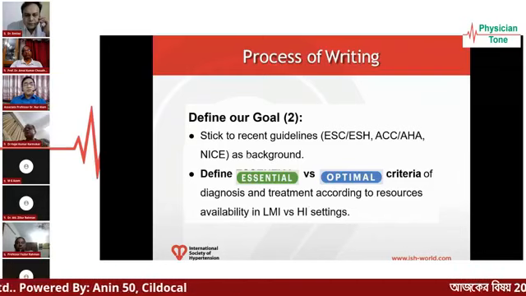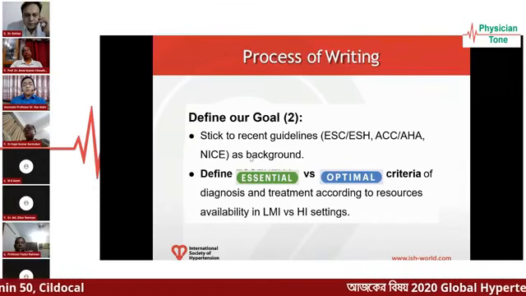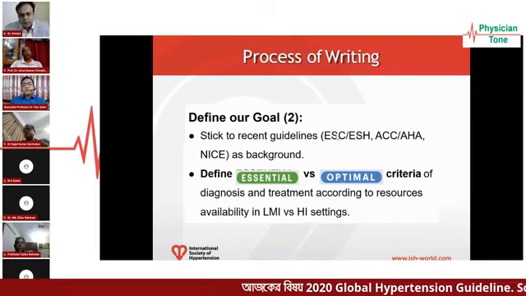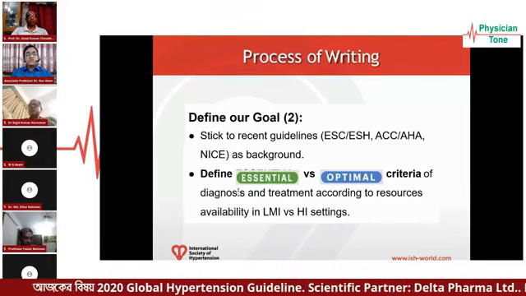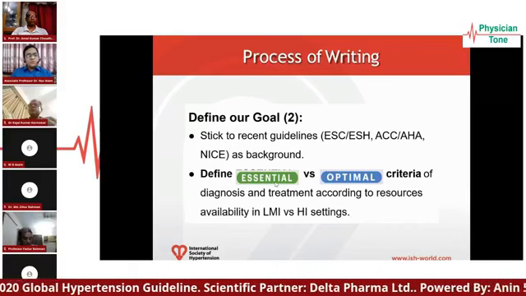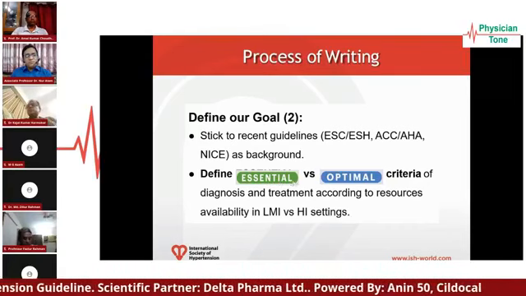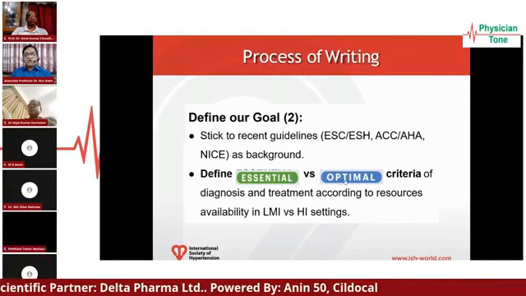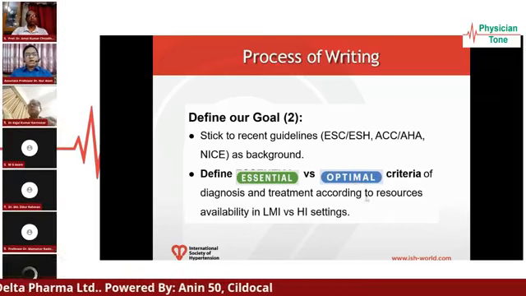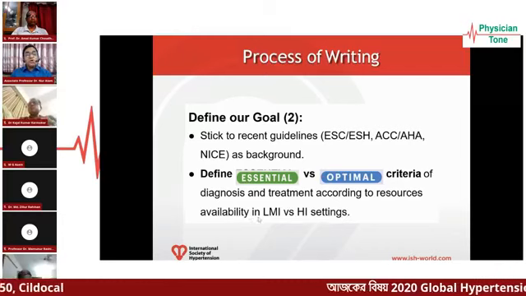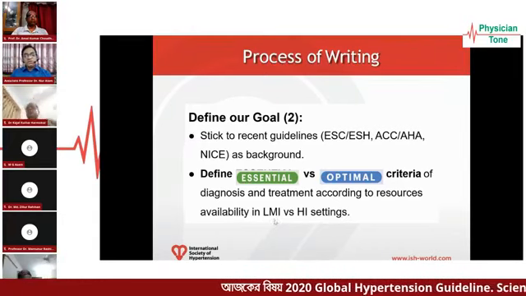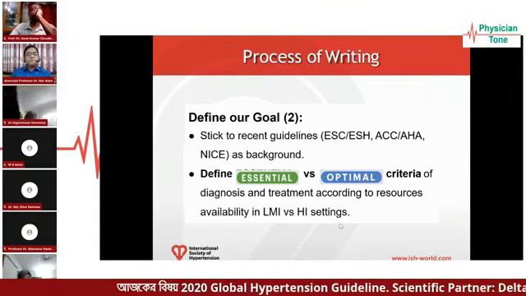They put in the background the ESC, AHA, and NICE guidelines, but they defined what is essential, that means what is required at minimum, and what is optimal, the standard care criteria of diagnosis and treatment according to resource availability in low and middle income versus high income settings.